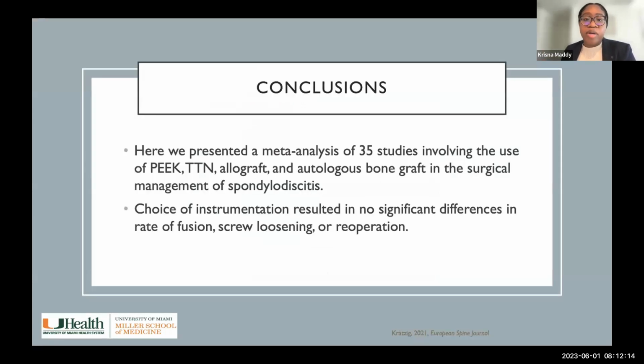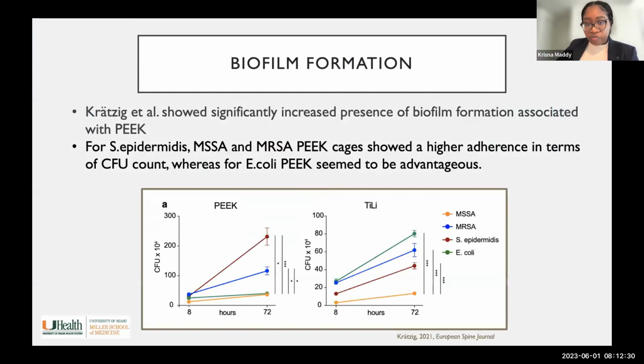So we concluded from our initial review and meta-analysis of these 35 studies that there is no difference in the choice of instrumentation type on the clinical and radiological outcomes of interest, being rate of fusion, screw loosening, and rate of reoperation. However, from our review, there are a few significant considerations that we should keep in mind.